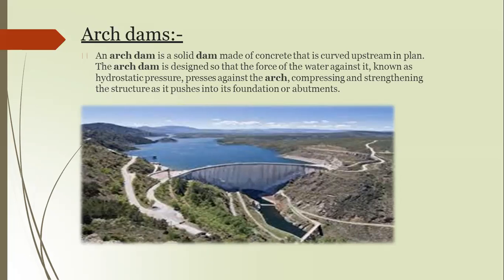The action by which it resists the huge amount of water pressure is known as the arch action. Why is this arch action created? It is created because of its shape. The huge amount of water pressure is exerted symmetrically on this curved dam wall, and that force is distributed equally, symmetrically in both directions.